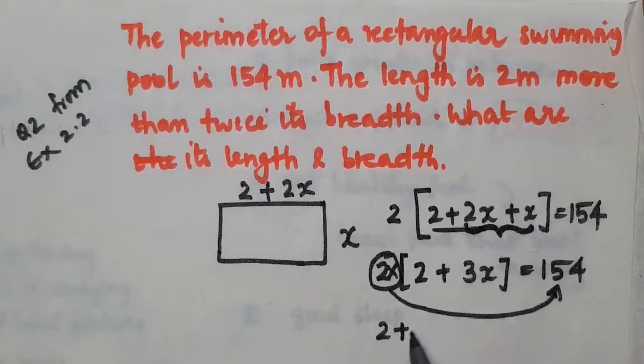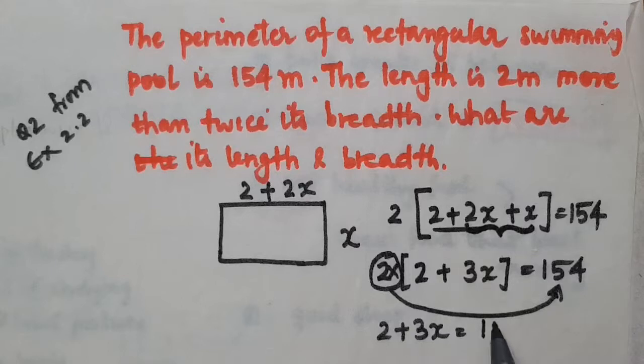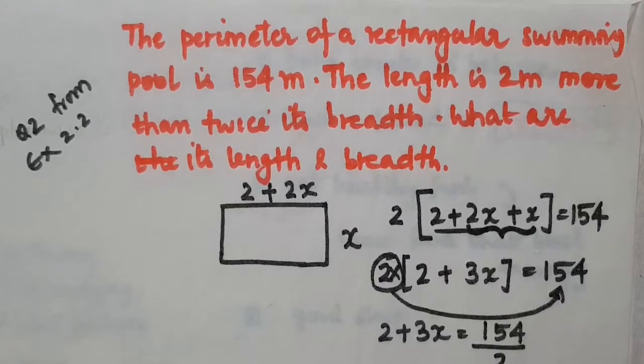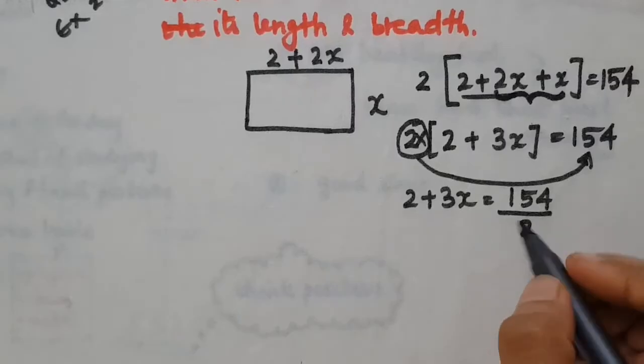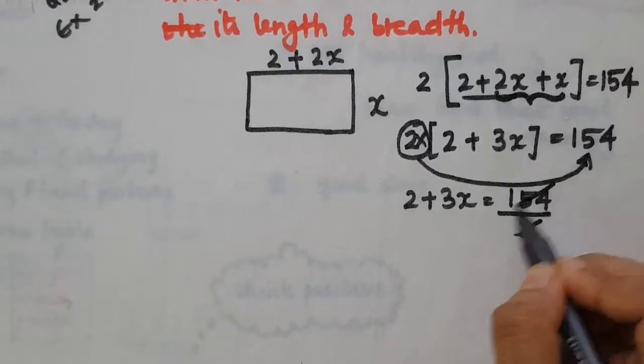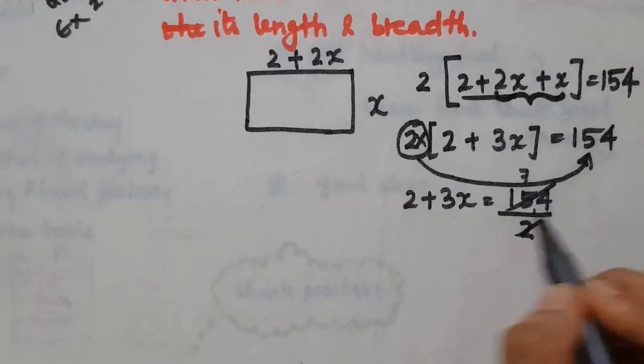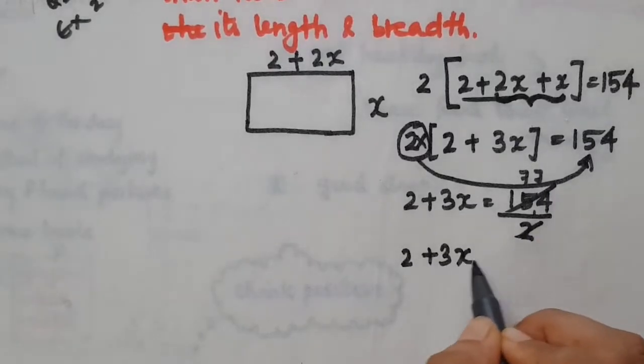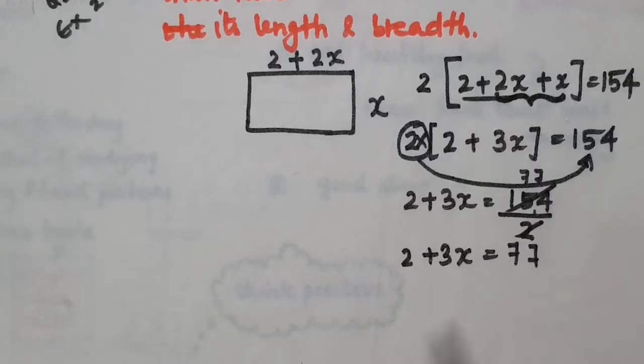So 2 plus 3x is equal to 154 divided by 2. So solving it, it will be 2 times 7 is 14, carry 7. So 2 plus 3x is equal to 77.